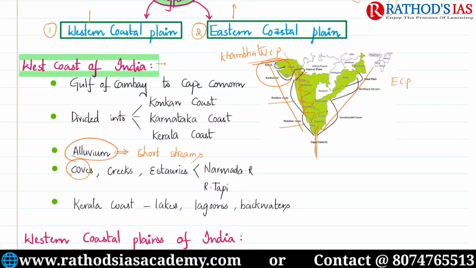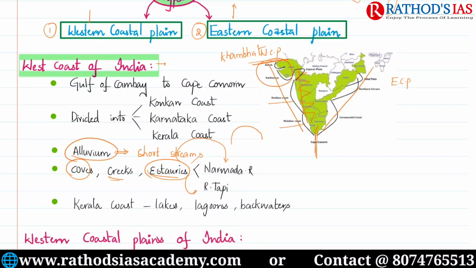Coves are nothing but very small bays, U shaped. Next, we can also see some creeks, or narrow sheltered waterways, and very few estuaries. These estuaries are mainly made by river Narmada as well as river Tapi.